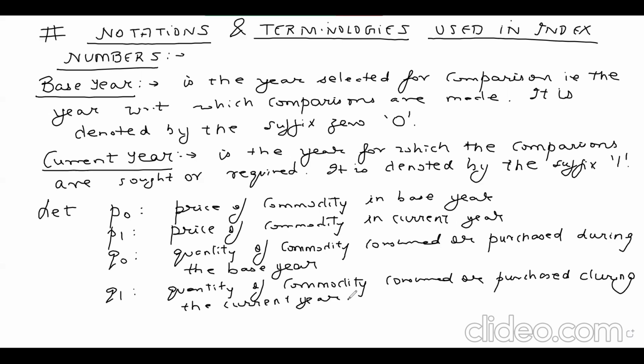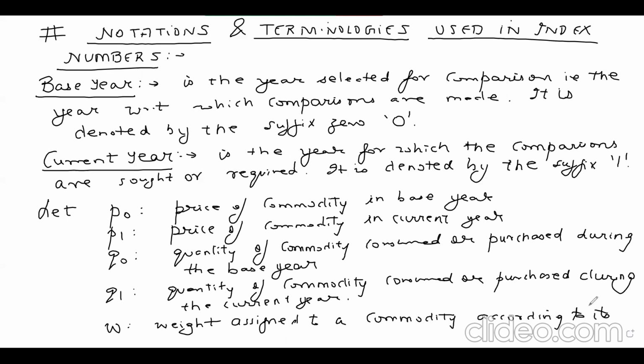Then P01, or before going on to P01, W. W denotes the weight assigned to a commodity according to its relative importance in the group.